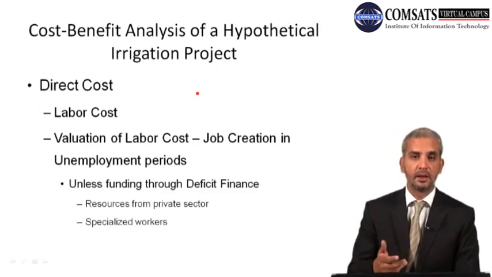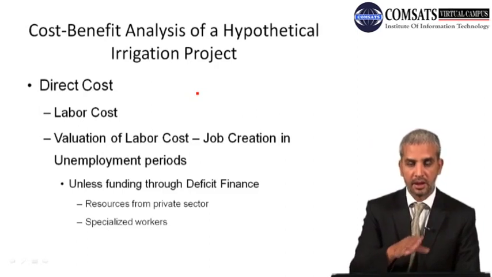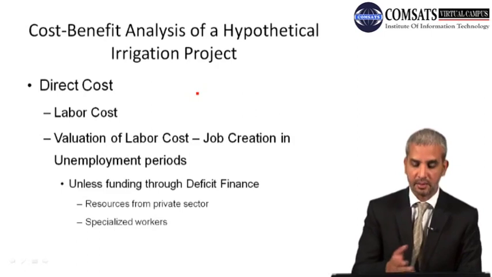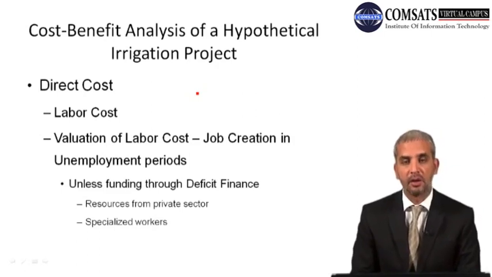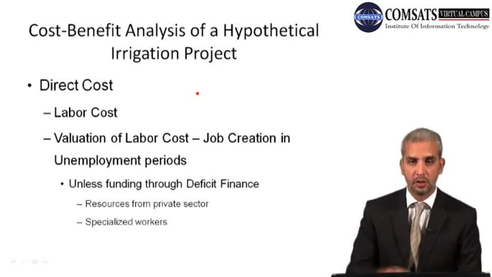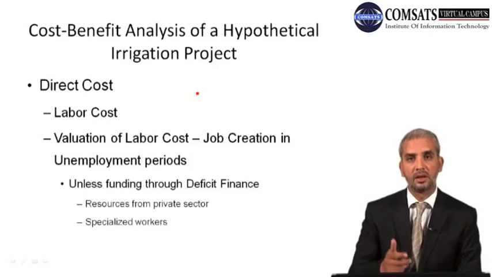There is a huge debate on that, because once it is a period of recession in the economy, and there is a higher level of unemployment, mentioned over here as unemployment periods, if a job has been created, it should be assigned a higher value. So the valuation of labor cost is another issue even in the direct cost analysis.